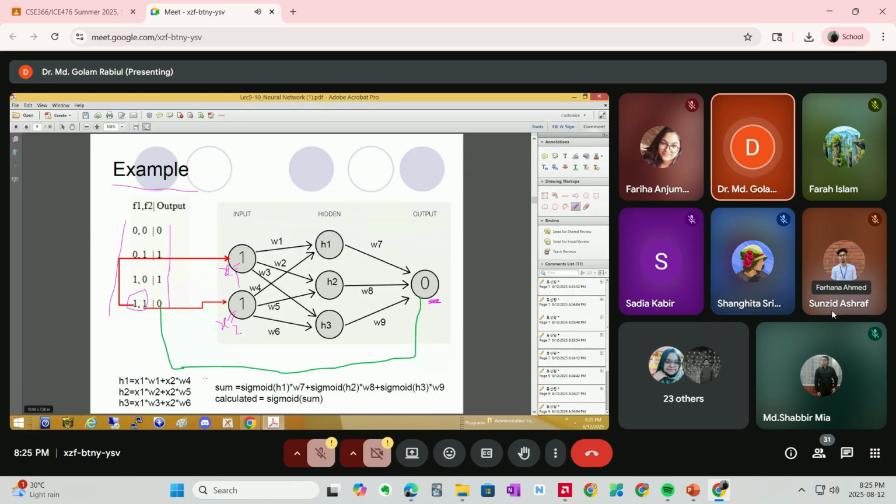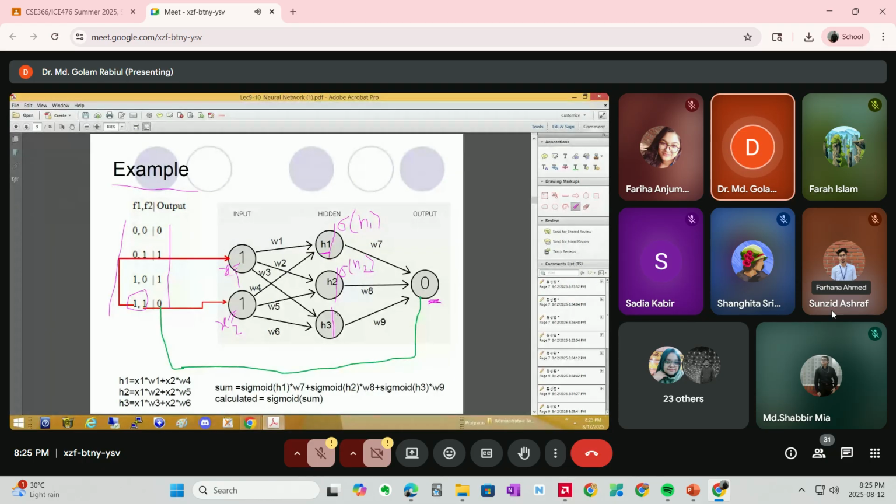In our last lecture we discussed the equations of the forward pass, like how to calculate the hidden layer sums, and then pass each sum to the activation function. We utilized the sigmoid function as the activation function, and we got the hidden layer results.